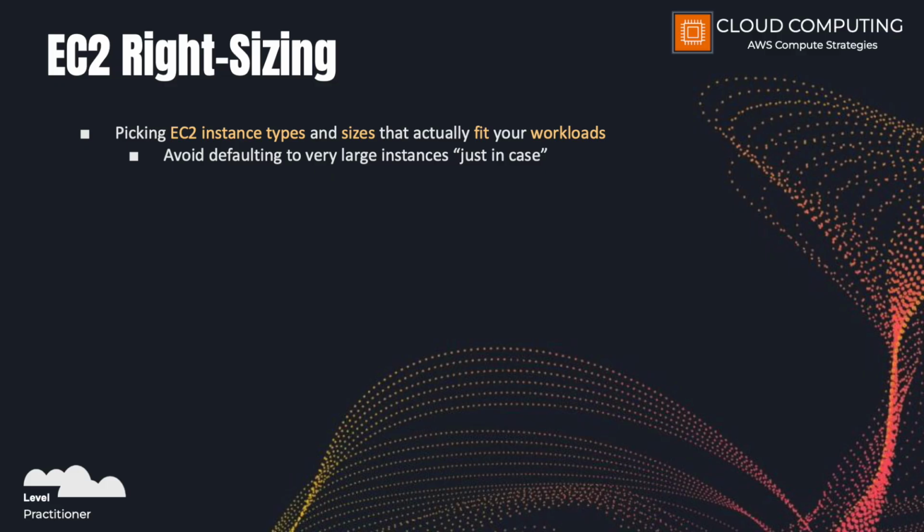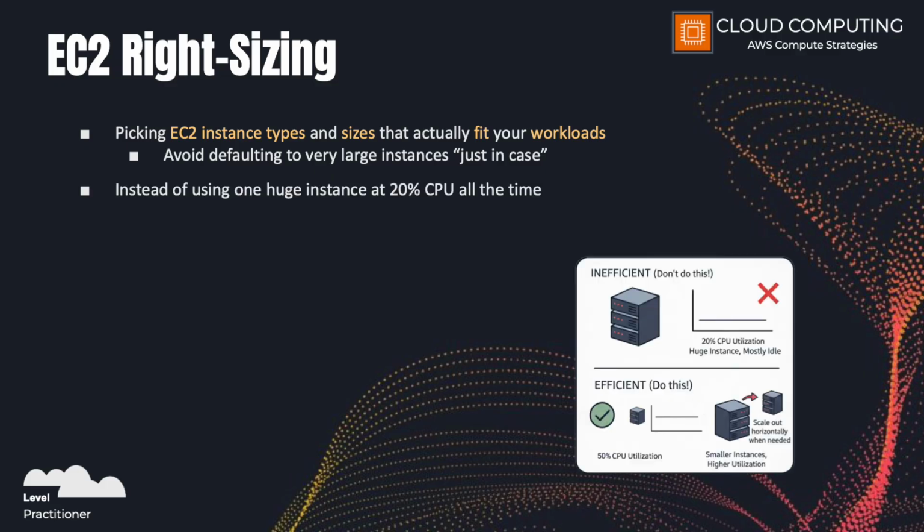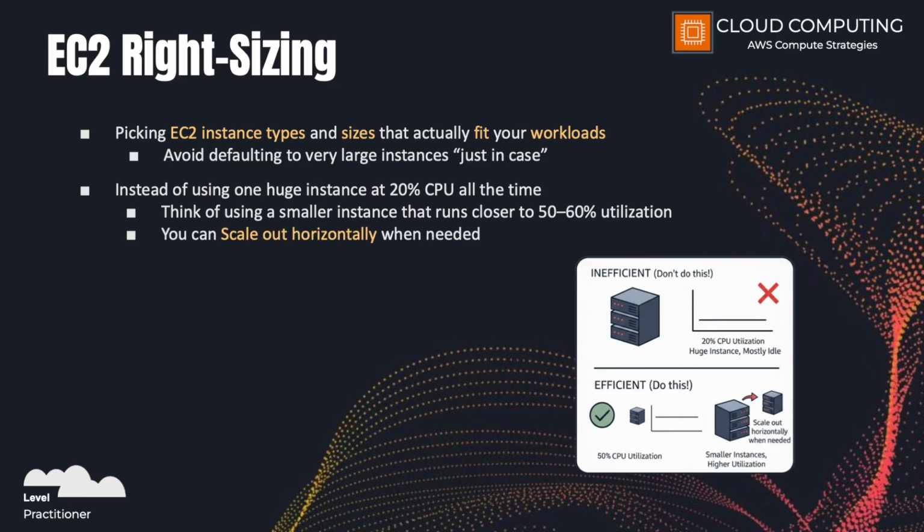For example, instead of using one huge instance at 20% CPU utilization all the time, you might use a smaller instance that runs closer to 50 or 60% utilization, and then scale out horizontally when needed. The goal is simple. Don't pay for CPU and memory you never use. AWS makes this easier because you can change instance types quickly and combine right-sizing with auto-scaling for even better efficiency.